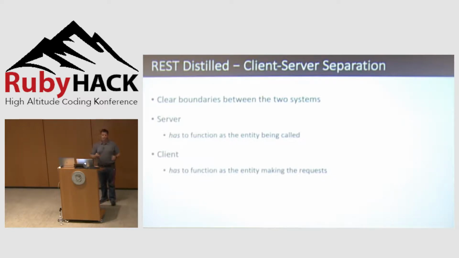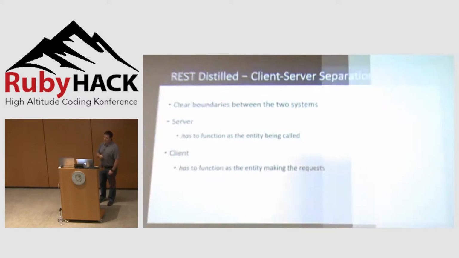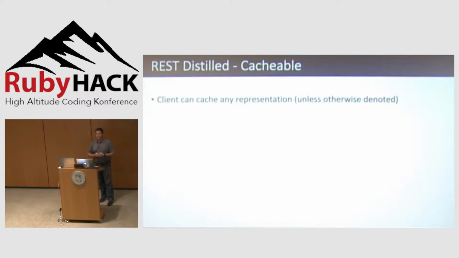The other, being the client, has to function as the entity making the requests. And it's cacheable. Unless noted otherwise, a client can cache any representation. This is possible thanks to the statelessness of the REST request. Every representation is very self-descriptive.